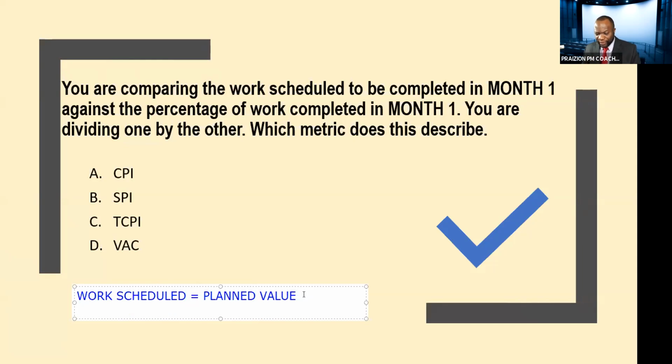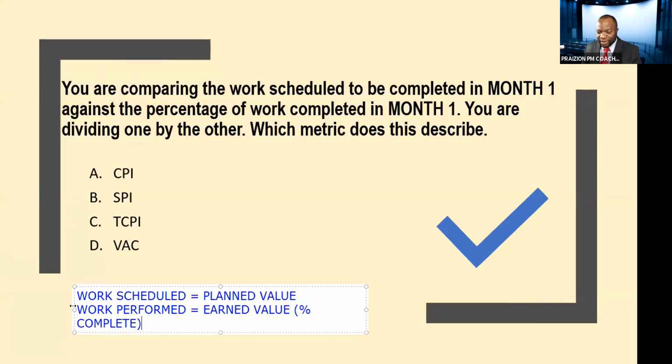That's my planned value. Now, work performed is different. Work performed is earned value. You see? And then if you say percentage of work completed, like I told you in the first question, that's a signal about earned value. Where you hear percent complete, we're talking about the value that has been earned in percentage terms.